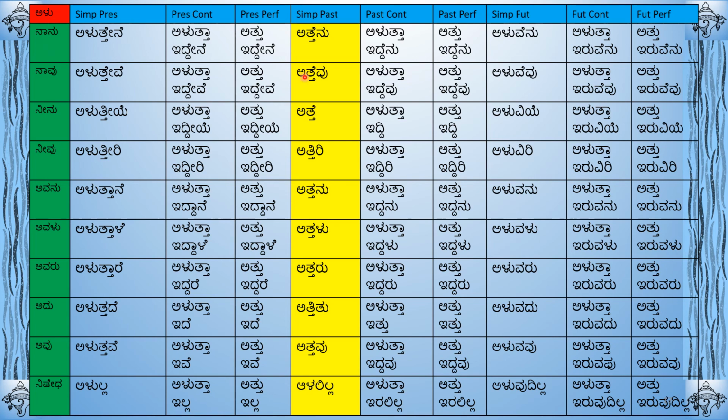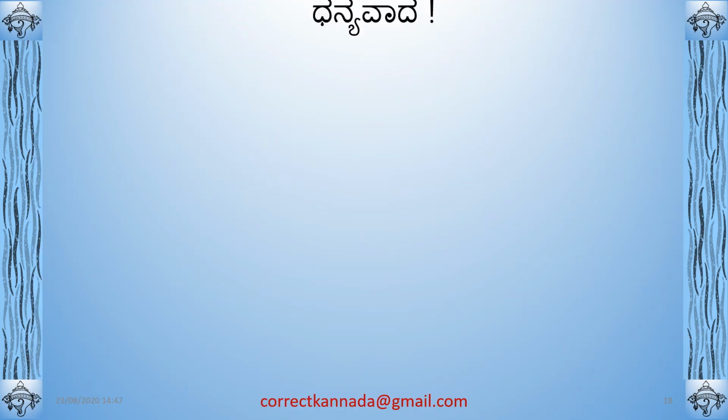So alu will be attenu, attevu, atte, attiri, attanu, attalu, attaru, attitu, right? Attavu, alalilla. And the perfect tense will be attiddene, attu plus iddene, attiddene. Is to cry. Okay, so that was the last slide.